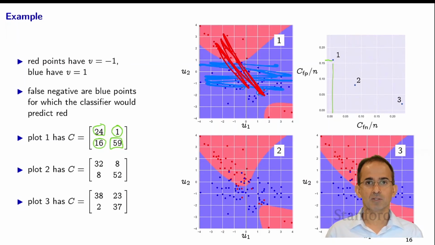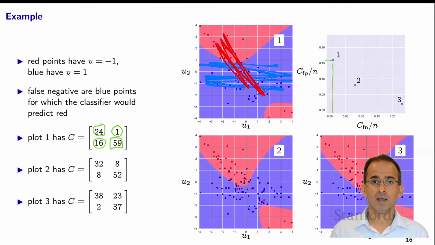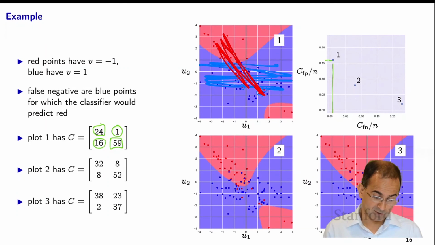And so our predictor here is focused on getting the blue points covered by blue region, and unfortunately it's going to have some red points covered as well. And that's why it's got a large number of false positives, because the red points are being classified as blue.